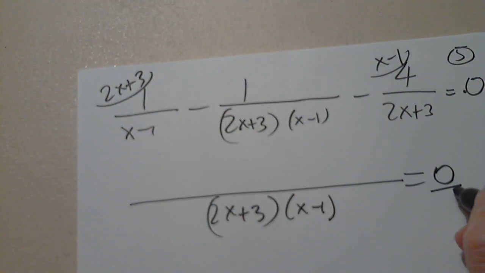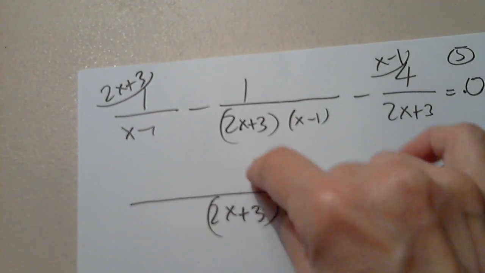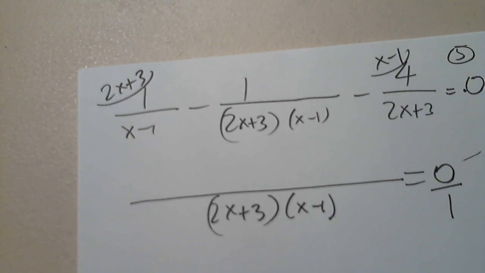And then I will put 0 over 1, and I will cross multiply. Can anyone tell us what to write at the top? Very simple. Anyone?